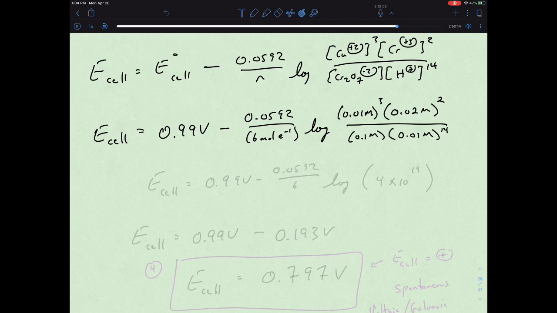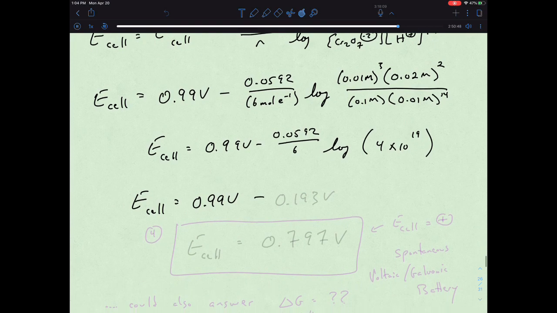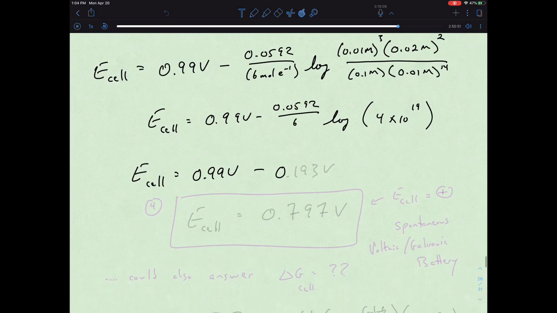For those concentrations. And so if we're just a little bit slow and stepwise, we can at least look at this ratio, which ends up to be 4 times 10 to the 19th. And then breaking down those two components, we end up with a value of 0.99 volts minus 0.193 volts.